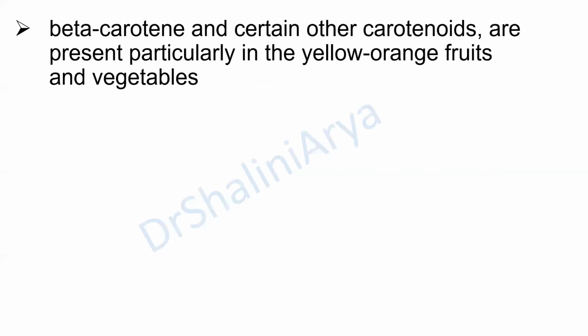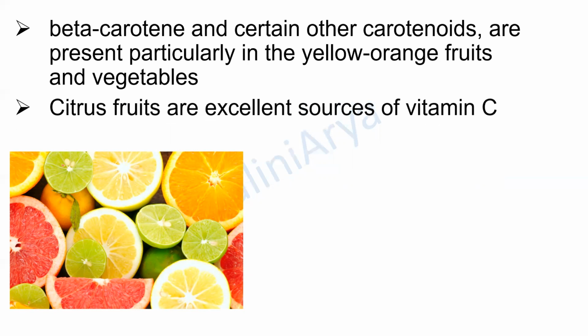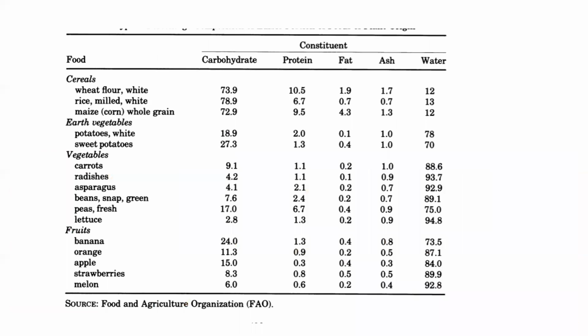We all know that beta carotene is a precursor of vitamin A, and along with beta carotene certain other carotenoids are also present, particularly in yellow and orange fruits. Citrus fruits, for example, are very good sources of vitamin C. And vitamin C and its role, we are all very well aware of what vitamin C is. I'm sure in chemistry or food constituents you must have studied it under the chapter on vitamins.